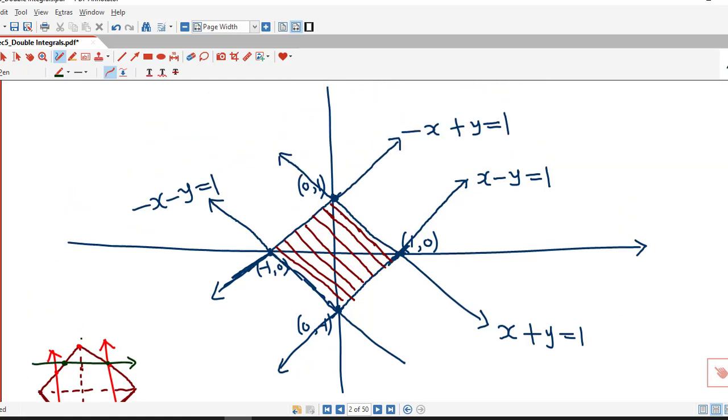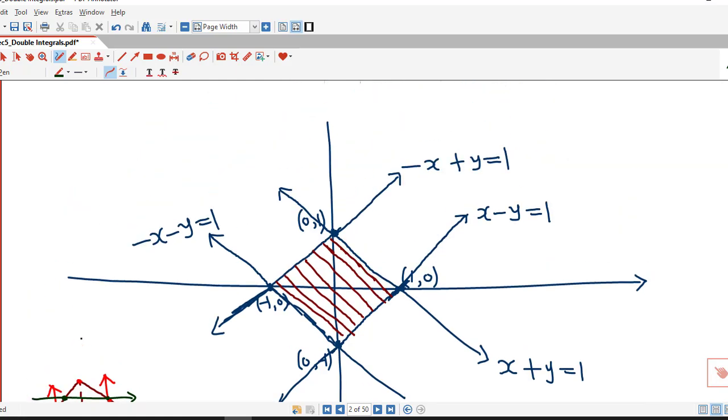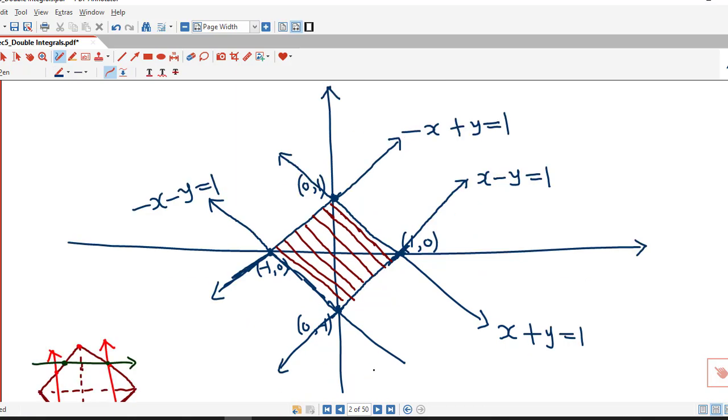So in this problem, we must divide the region of integration into two sub-regions. Either we consider horizontal lines or vertical lines, whether we integrate with respect to y first or with respect to x, we always have to divide the region into two sub-regions.